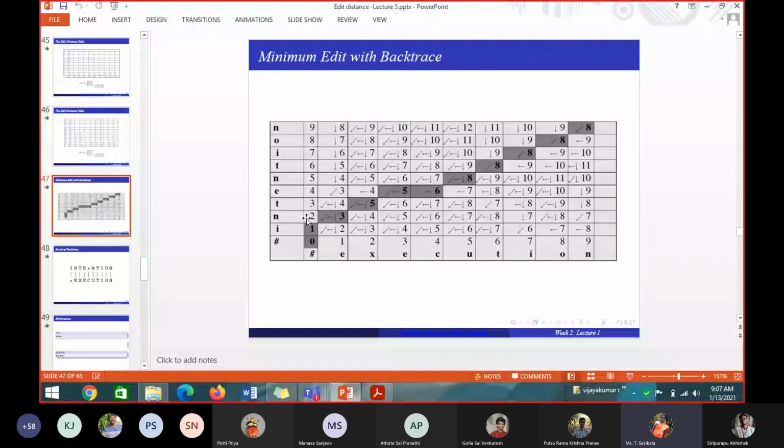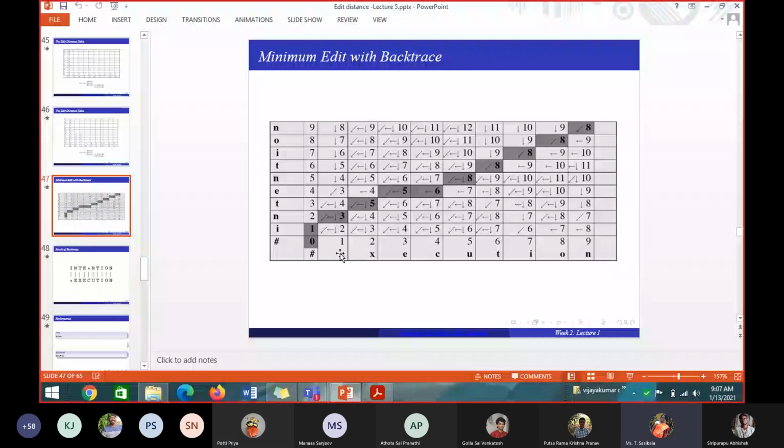For n, which box have I highlighted? 3. Corresponding to its x-axis, what is the value I am getting? E. So n in the input string is replaced with E in the output string.